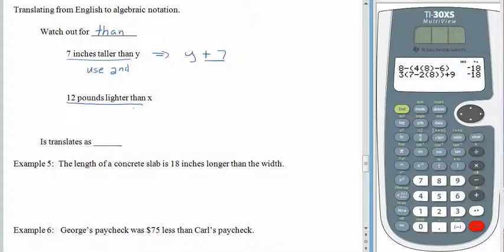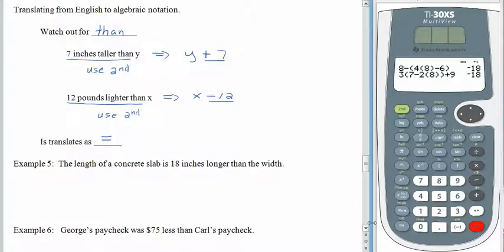Lighter tells us we need to subtract, but it's the than that says we need to use this second. Right? We start off with x, and then we got 12 pounds lighter. Since we have equations now, we have to worry about what translates into equals, and that's usually is, or some other variation of is, like was, were, has, will be, gets, becomes.